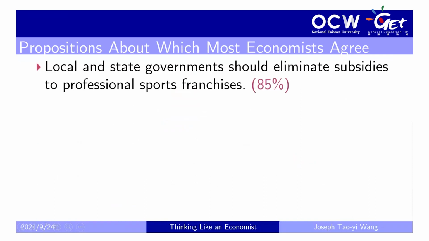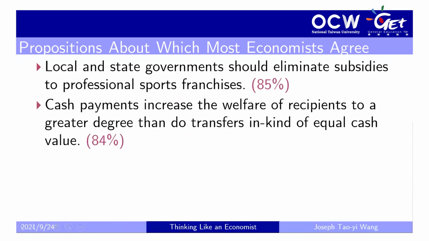Local and state governments should eliminate subsidies to professional sports franchises. 85% agree. Cash payments increase the welfare of recipients to a greater degree than transfers in kind of equal cash value. So instead of giving out food or actual items, giving cash would increase the welfare of the recipient. 84% agree.